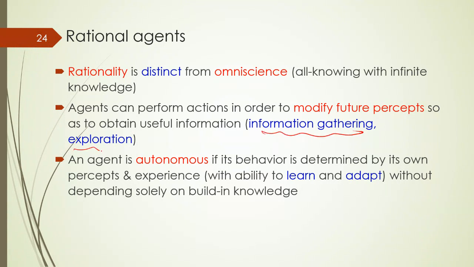These are also keywords. An agent is autonomous if its behavior is determined by its own percepts and experiences, not from outside. So when I call it autonomous, it means it relies on its own perception and experiences, previous decisions, and results, with the ability to learn and adapt.